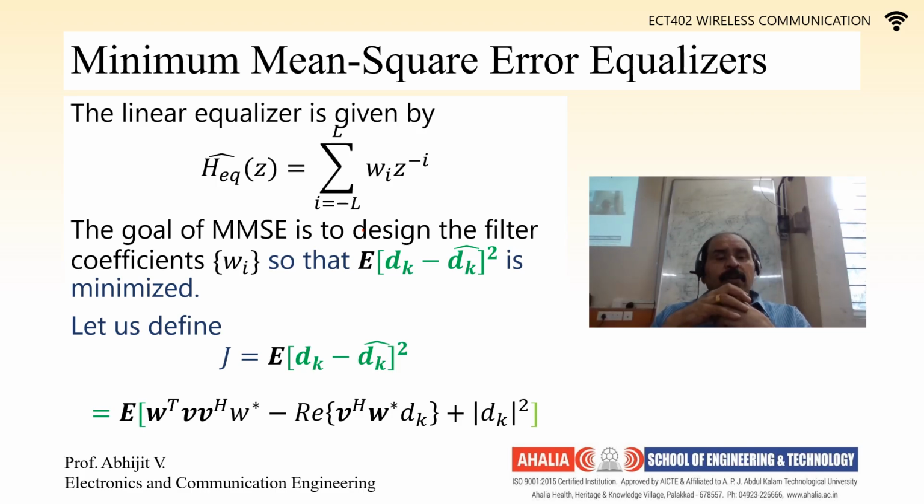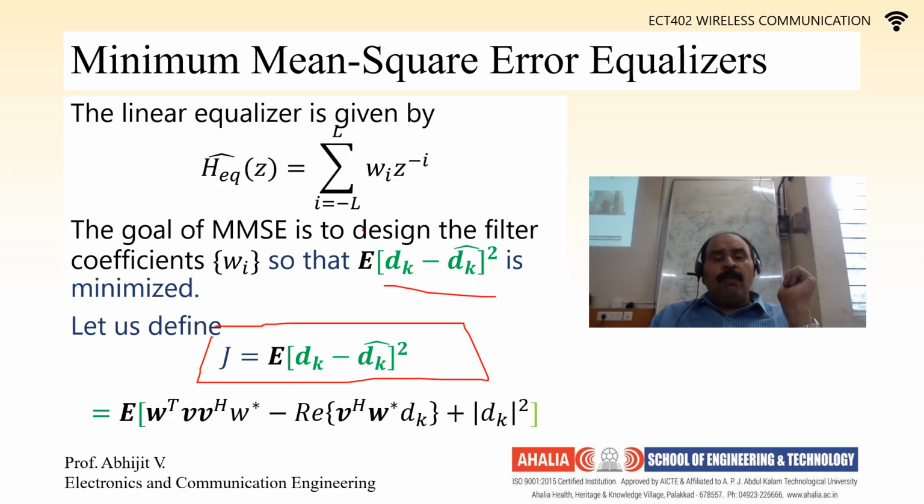Now in that case, we are going to define a component called J, which is equal to this particular value which we are going to minimize, right? In this, we are going to substitute the value of d_k.